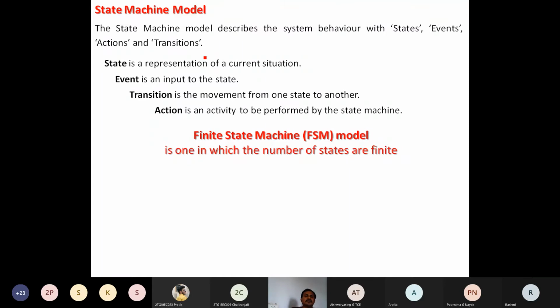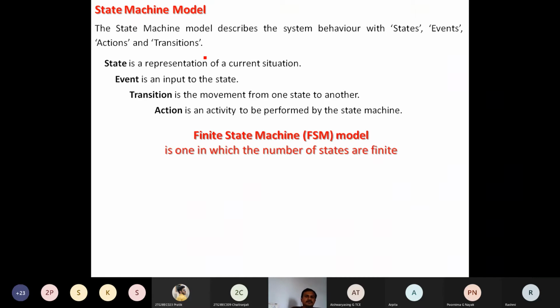One example we are going to consider is the finite state machine model. In the state machine we have varieties of models, but in this syllabus we are going to discuss only one, the finite state machine model, called the FSM model. The number of states is finite. Here we mention the states, the current situation.